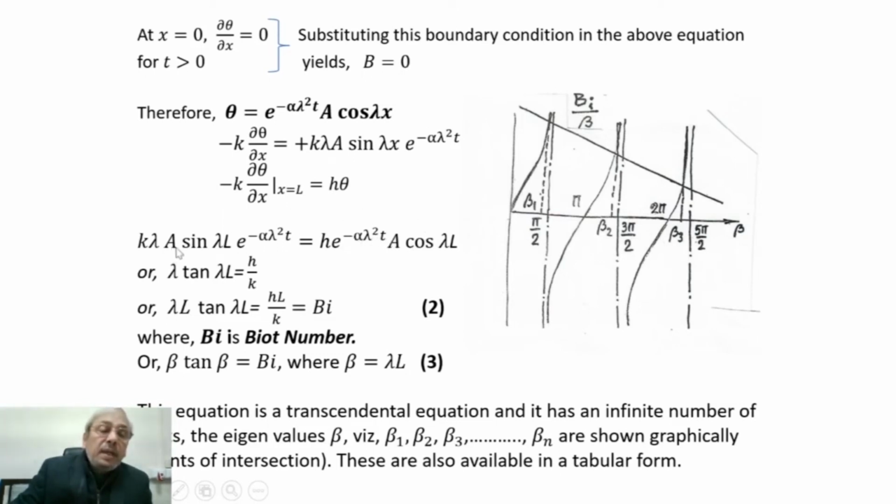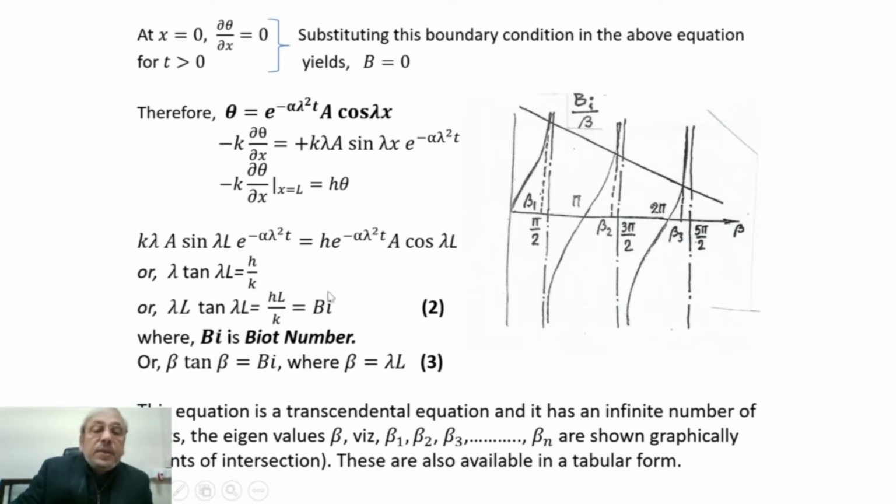So from here we get lambda tan lambda L equal to h by k, or we can multiply both sides by L: lambda L into tan lambda L equal to hL by k. hL by k is the Biot number.